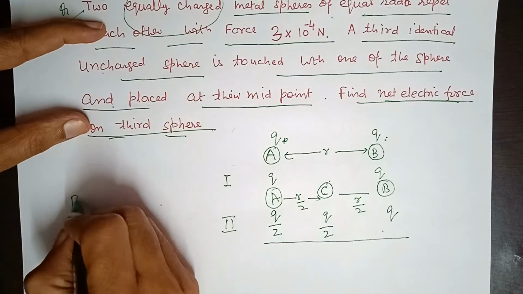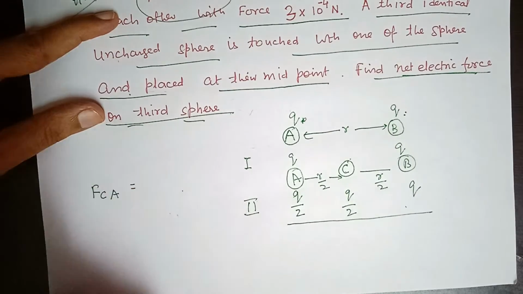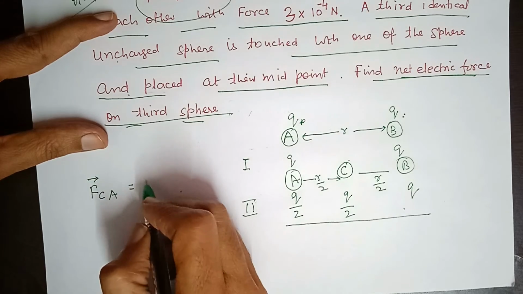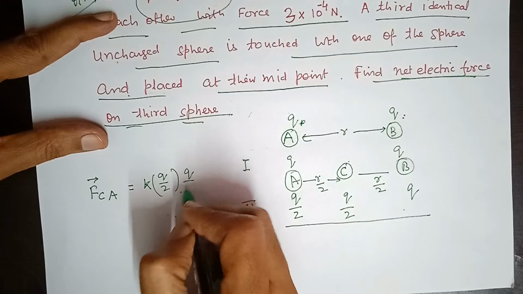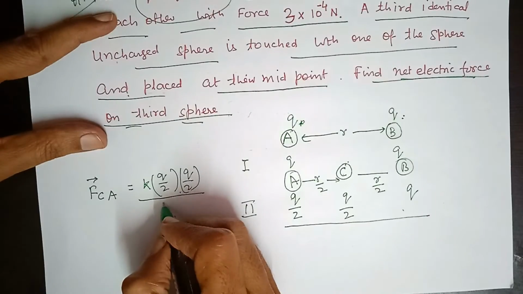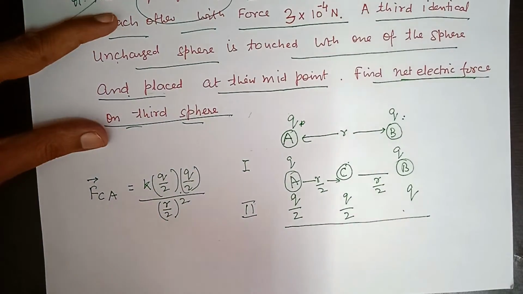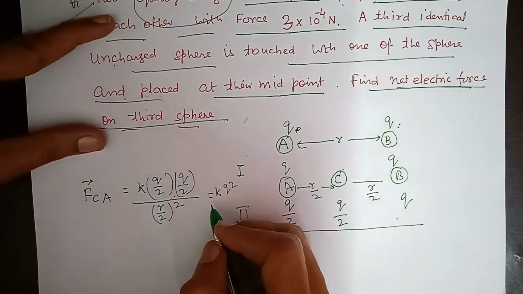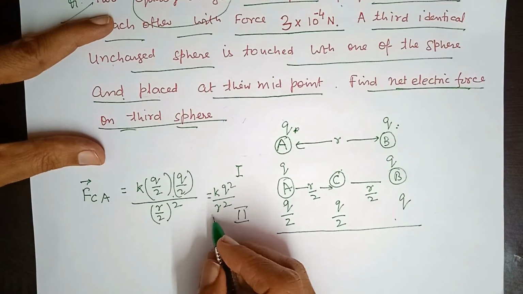So the force on C due to A, FCA, will be equal to K Q by 2 times Q by 2 divided by R by 2 whole square. That will be equal to K Q square by R square, if we simplify it.